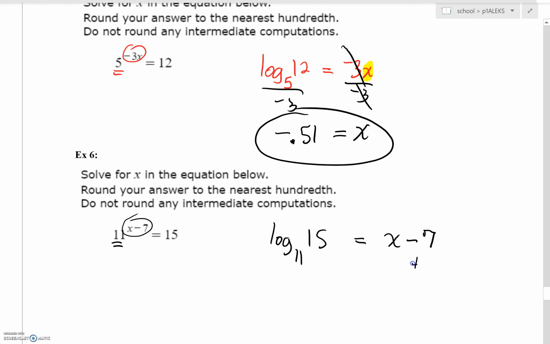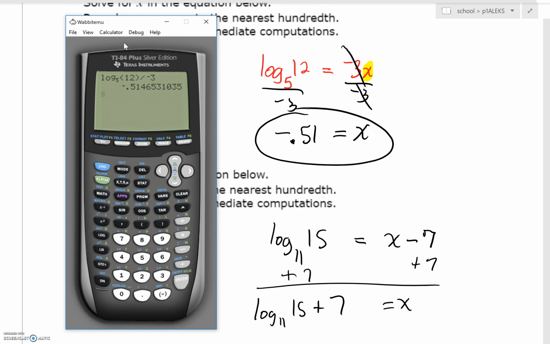And right now I'm going to add a 7 to both sides. So if I wanted an exact answer, of course, these are not like terms. They would look something like that. So let's get our calculator out. Hit math. By the way, if you want a quicker way to get to log base, hit the up arrow. You can get there a little bit more quickly.